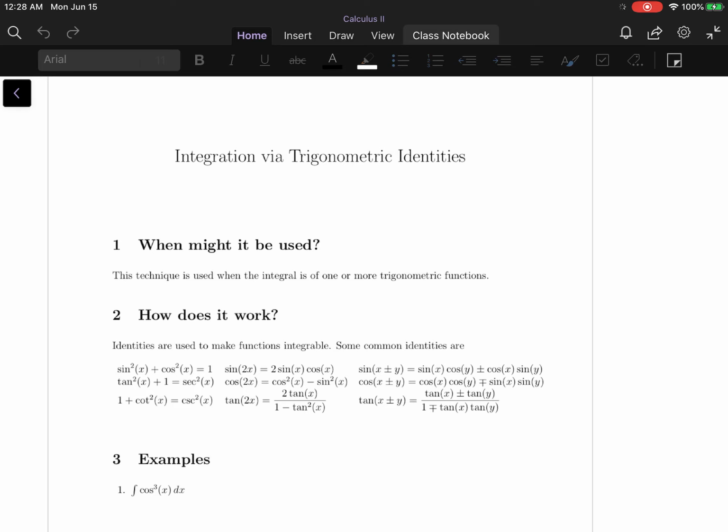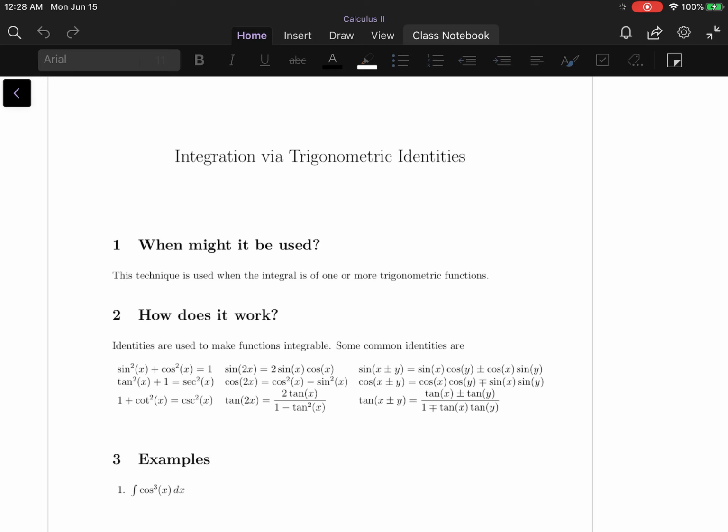And this is a polynomial, which is really easy to integrate. So when we integrate this, we have u minus 1/3 u cubed plus c.